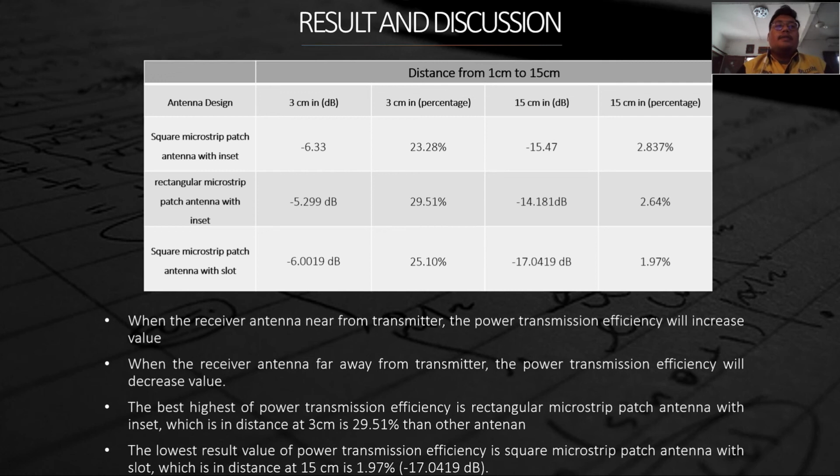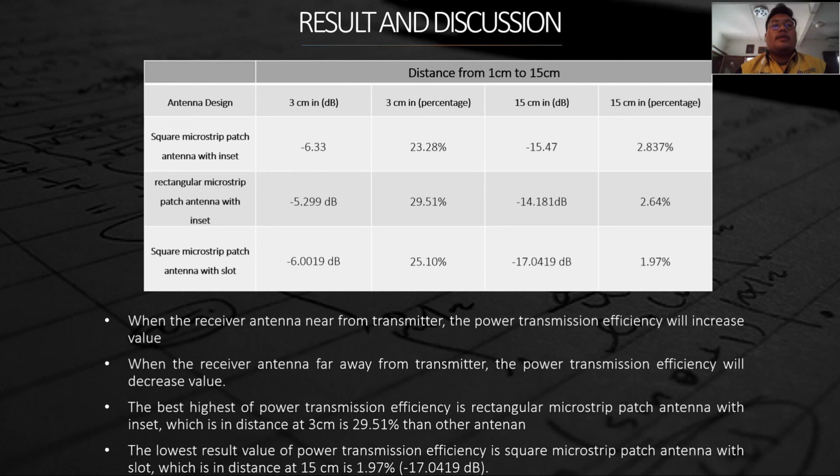So the highest power transmission efficiency is the rectangular microstrip patch antenna with insert, because at a distance of 3 centimeter, its efficiency is bigger than the other antennas.